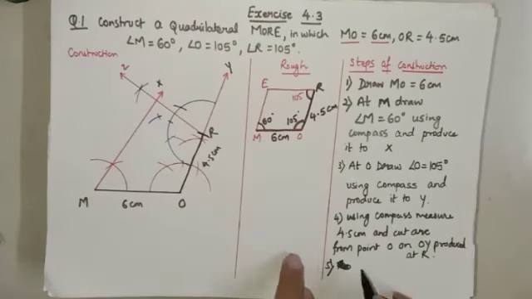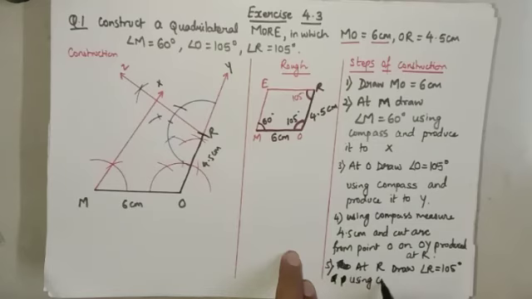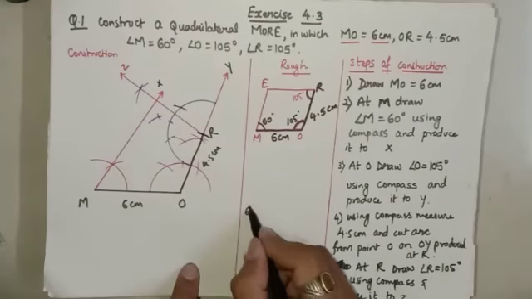Okay, so now at R, draw angle R equal to 105 degree using compass, sorry, that step also I have to write, using compass, and produce it to Z. Then one more point is there.